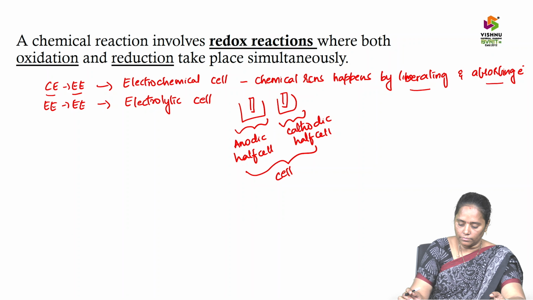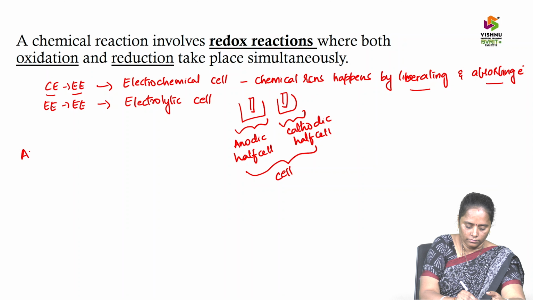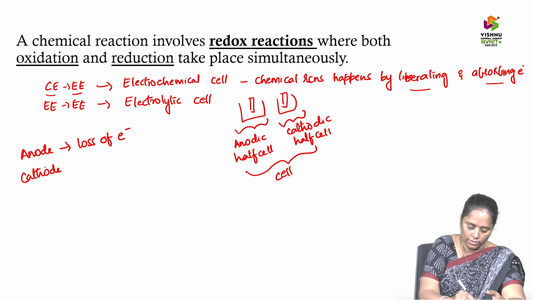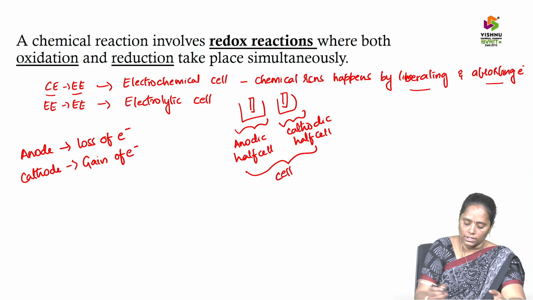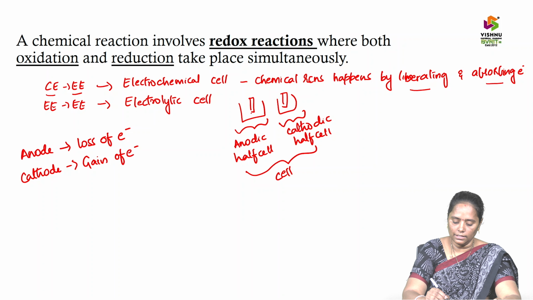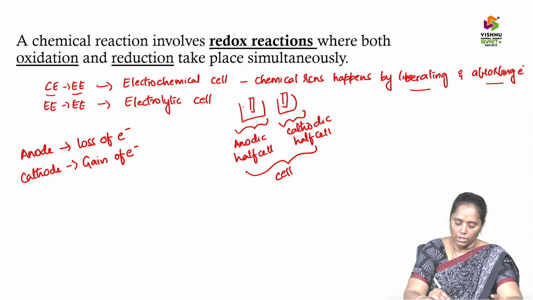And at anode, there will be loss of electrons, and at cathode, there would be gain of electrons. So, in the same electrochemical cell, at anode, there will be loss of electrons. These electrons will be moving from anode to cathode, and at cathode, the electrons are gained.